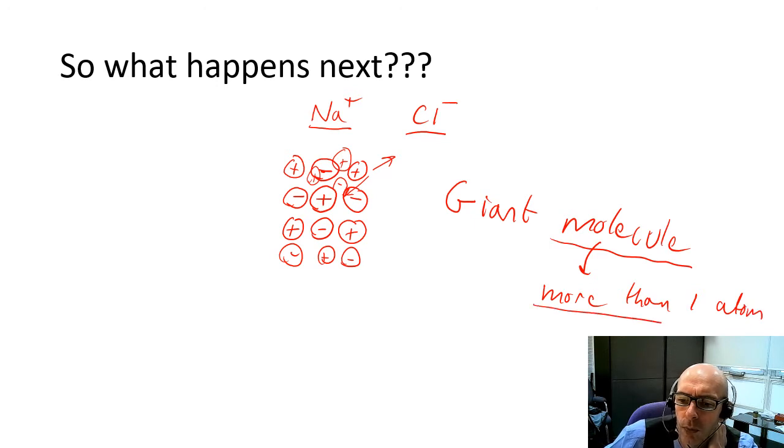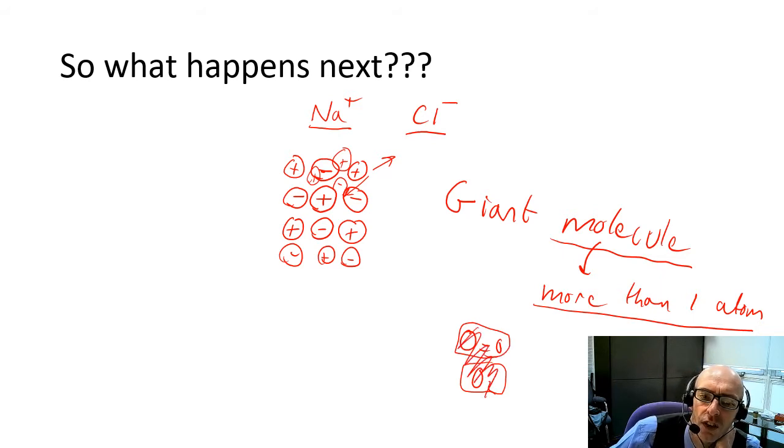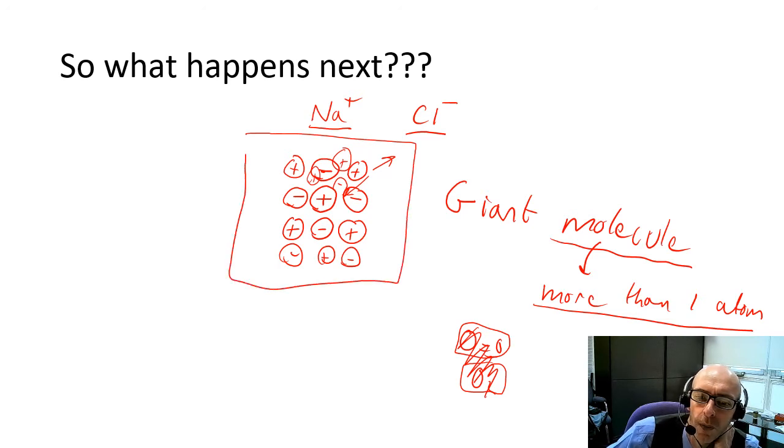So you can say, I've got a molecule of water, or I've got a molecule of oxygen. A molecule of oxygen has two oxygens together, hence O2. There's a molecule of oxygen, or there. But anyway, come away from that for a minute. This keeps growing into a massive, giant molecule.